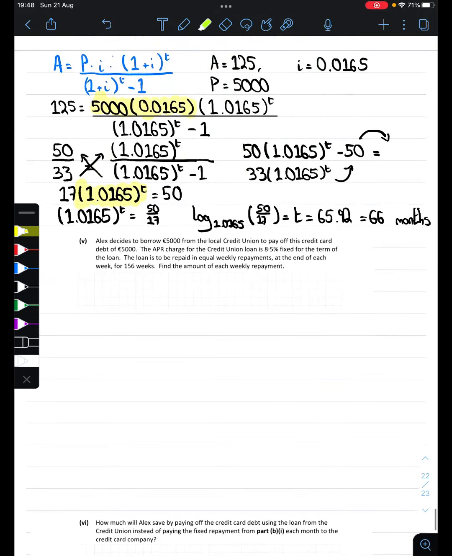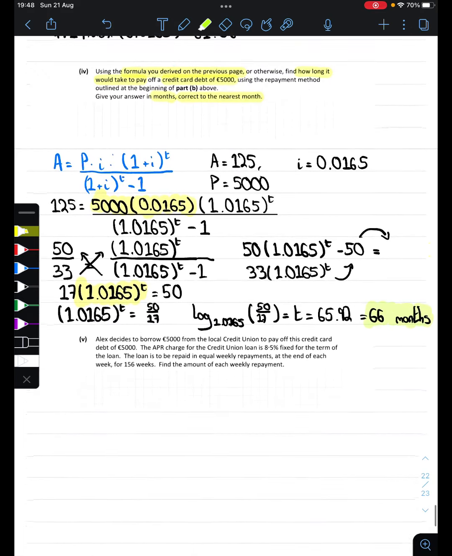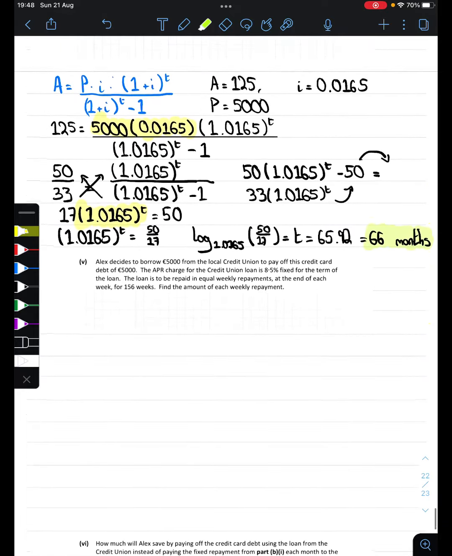So it will take 66 months to pay off this loan, which doesn't seem very good.